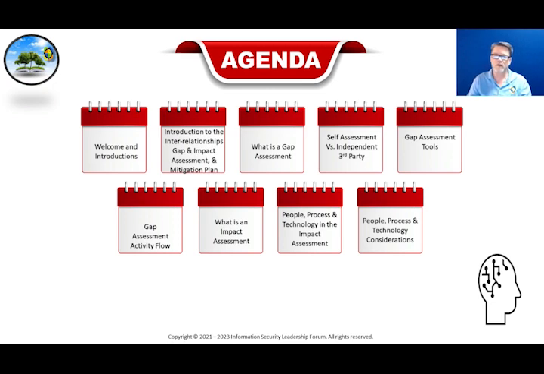And then we're going to talk a little bit about some of the differences between gap assessment tools, automated versus manual type tools, and some of the activity flow in the gap assessment. Then we're going to flow over to the impact assessment. And from there, we're going to be talking a bit about the interrelationship of people, process, and technology and their considerations.